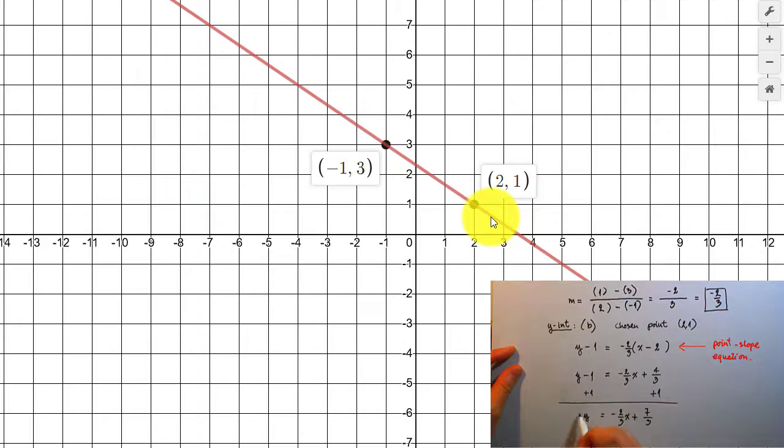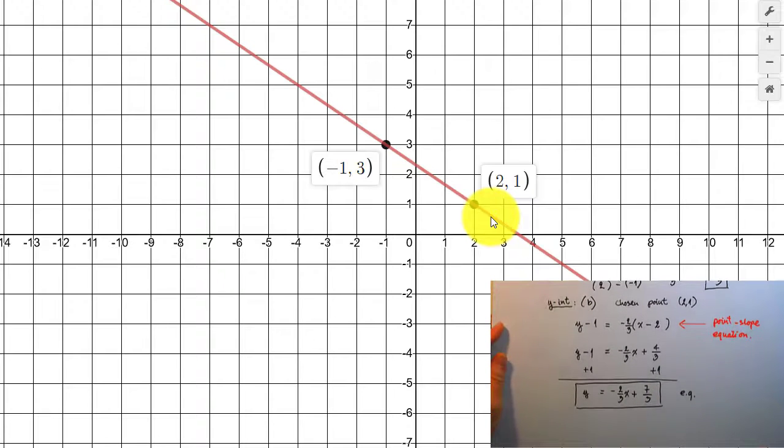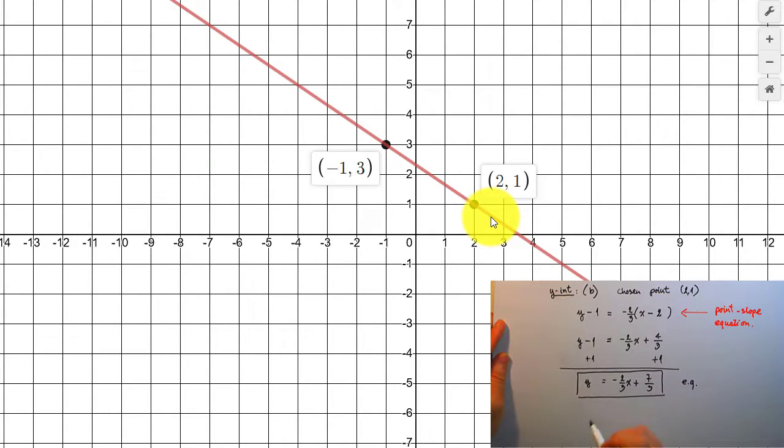Once again, this is our slope intercept equation in the traditional form. But in case you need to express this in functional notation, simply substitute the y variable on the left hand side with f of x. So a different form is f of x equals negative 2/3 x plus 7/3.